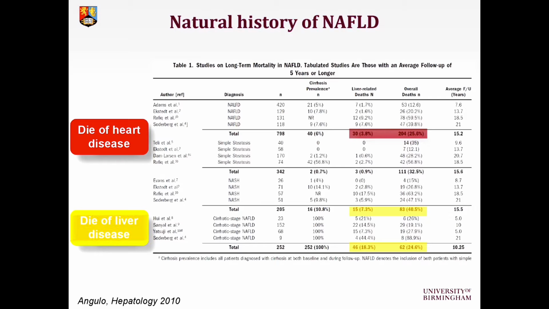Most people with fatty liver disease die from heart disease, okay, or a cardiovascular death, which is why it's one of these strange things that fatty liver disease is a very powerful predictor of cardiovascular death, but it's only a minority of these patients with benign fat that will die from liver. If you look at patients who have cirrhosis, that frequency increases, but it's still a minority. Most patients with fatty liver disease are dying a cardiovascular death and not a liver death.